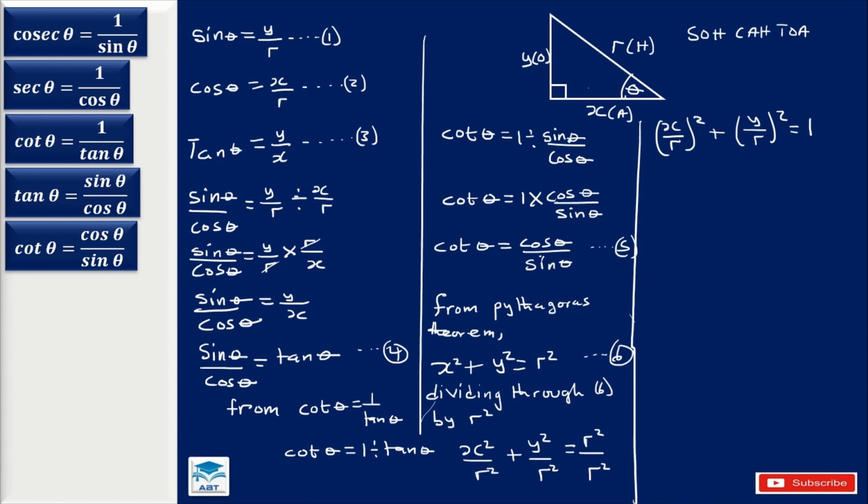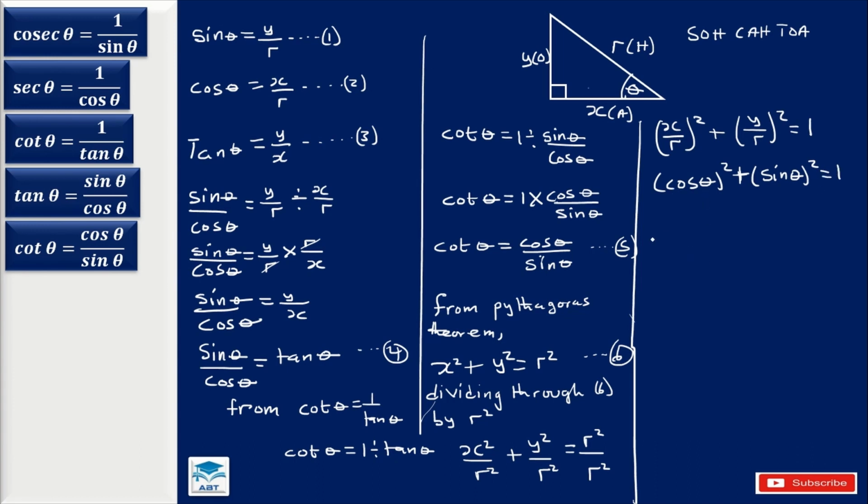But x over r is cos theta. So let's replace it. You have cos theta squared plus y over r is also sine theta. So we have sine theta squared is equal to 1.